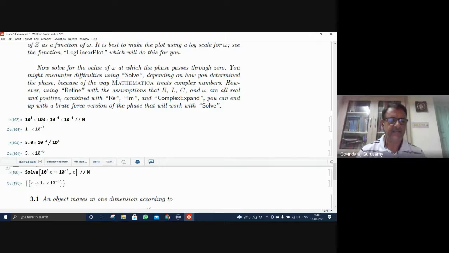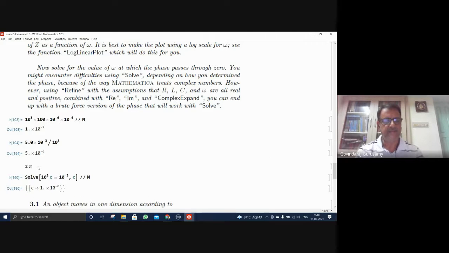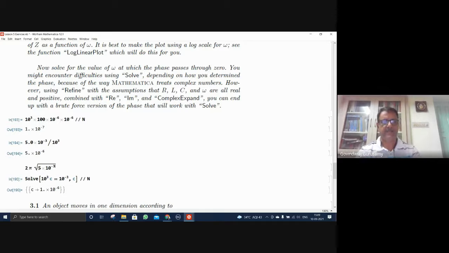Okay, then in that case, I'll just take 2 pi inverse of that, times square root of L, and the C value is so much. L is already given as 5 millihenry, 10 power minus 3. That's good.